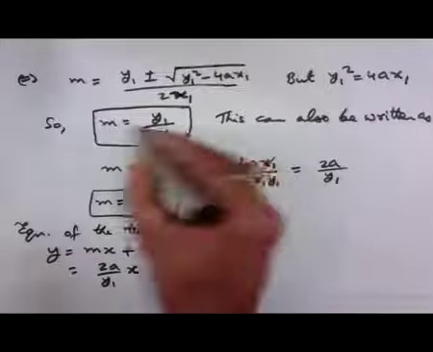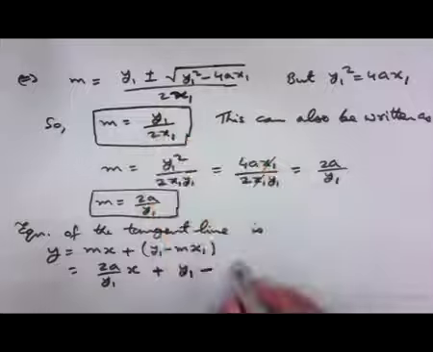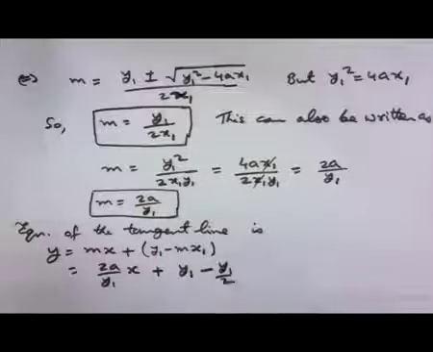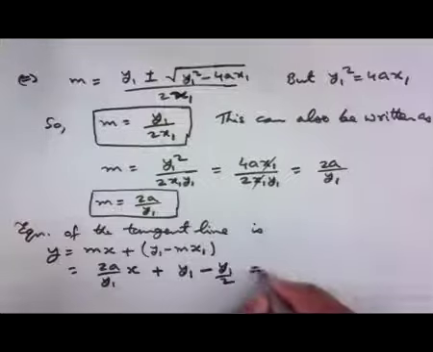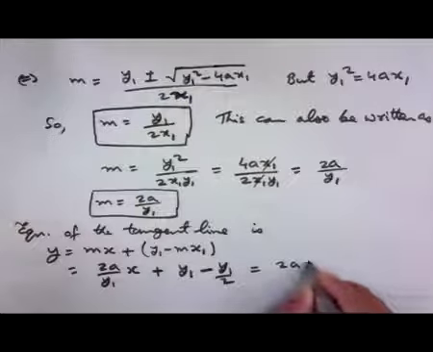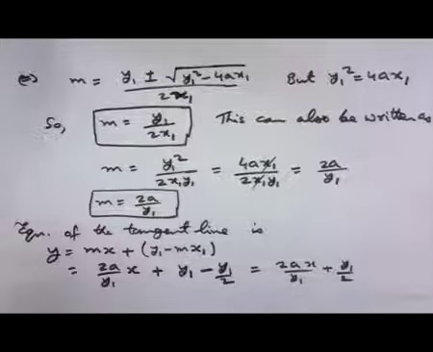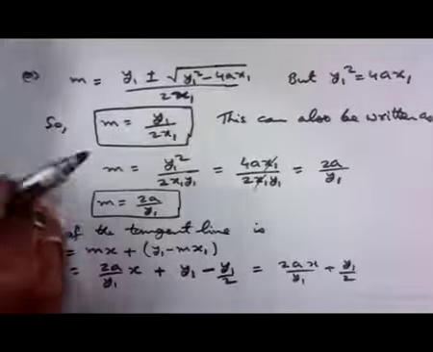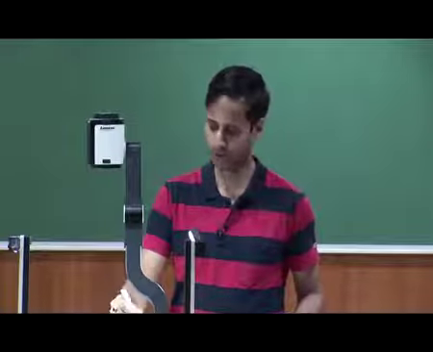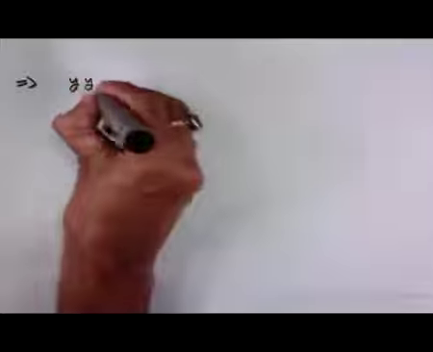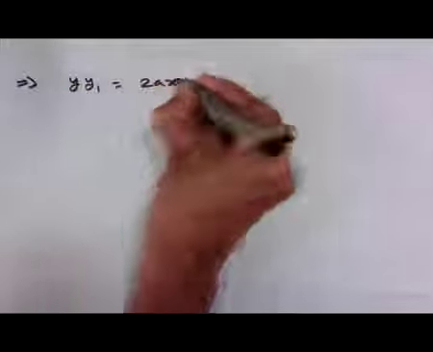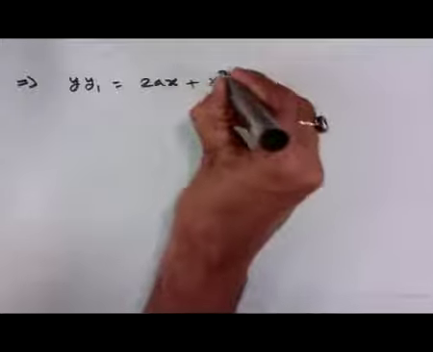If you see from this first equation, m times x 1 is y 1 by 2. So, this is equal to 2 a x by y 1 plus y 1 by 2. This implies if we multiply by y 1, y times y 1 equal to 2 a x plus y 1 square by 2.